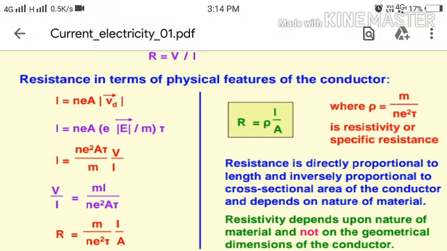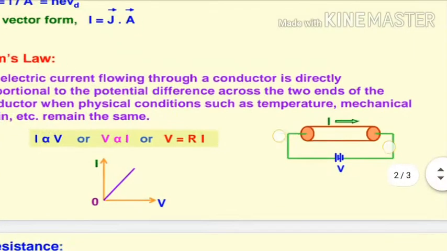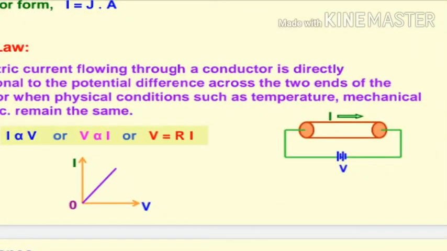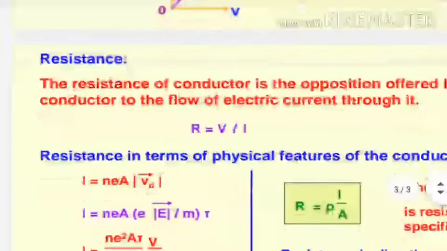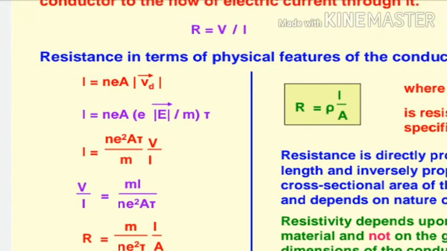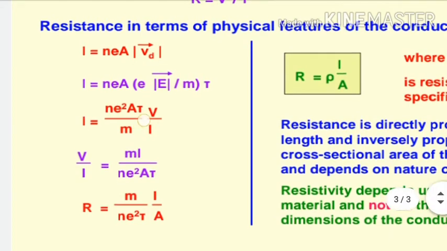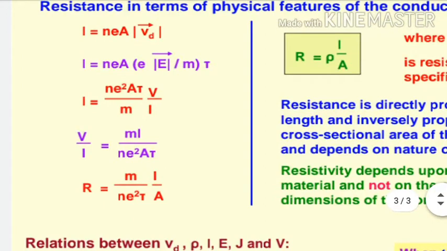Now this electric field can be expressed as the potential across the conductor divided by the length of the conductor, that is V divided by L. So E can be expressed as V by L, and I becomes ne squared A tau upon m into V by L.